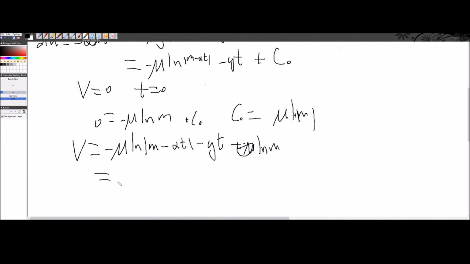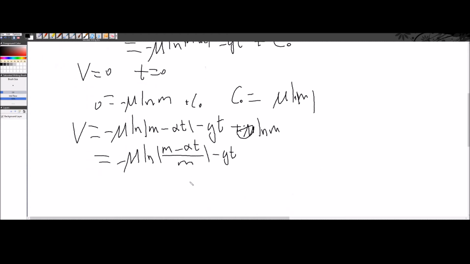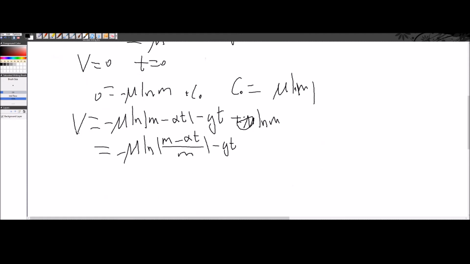So you get negative mu ln, it's going to be a negative sign, right? So you use log law, or ln law to be precise. So minus t, subtract is divide, so it's divided by m, minus gt. So here is your final equation for the velocity: v equals negative mu ln ((m minus alpha t) over m) minus gt.